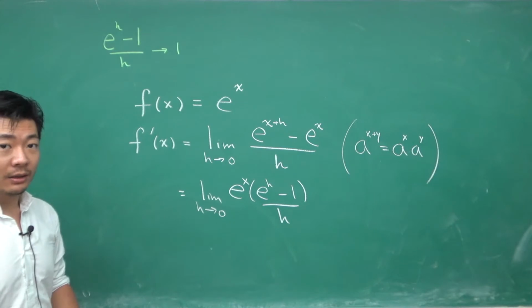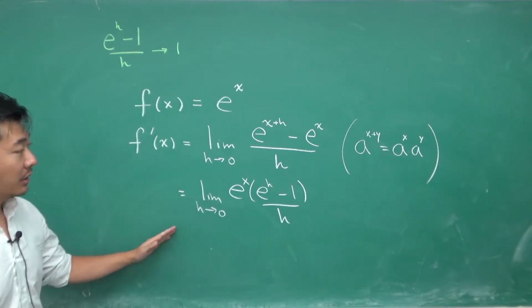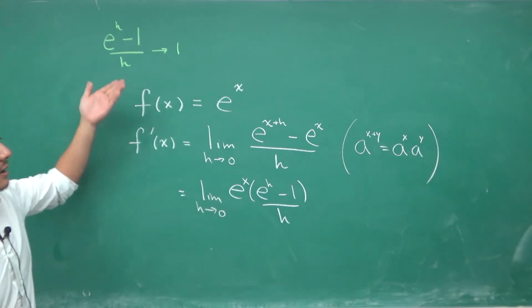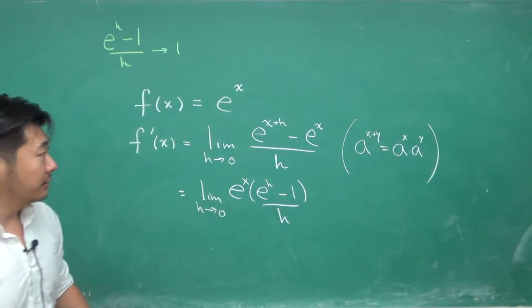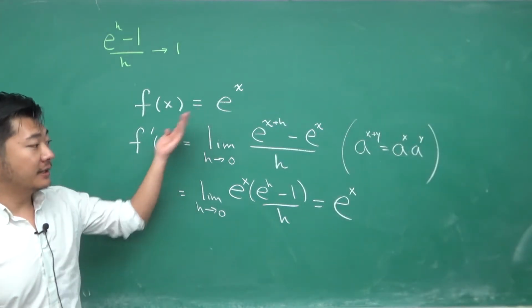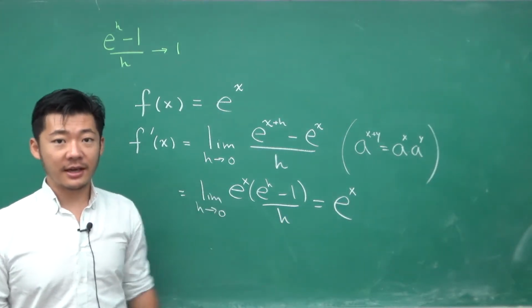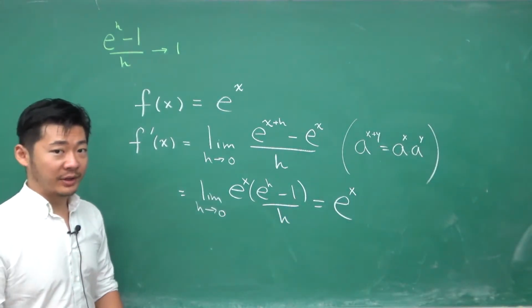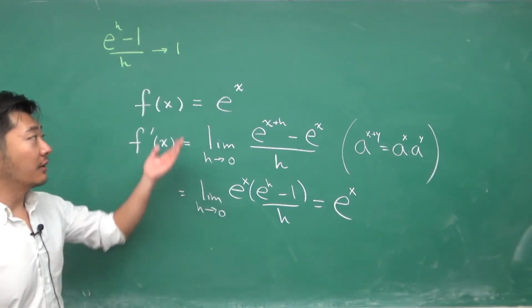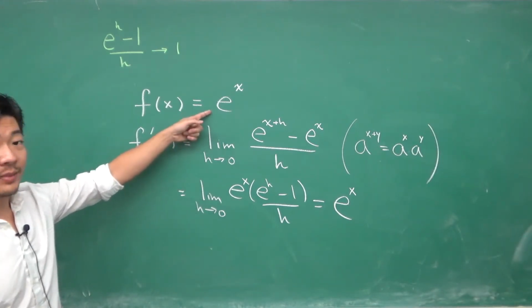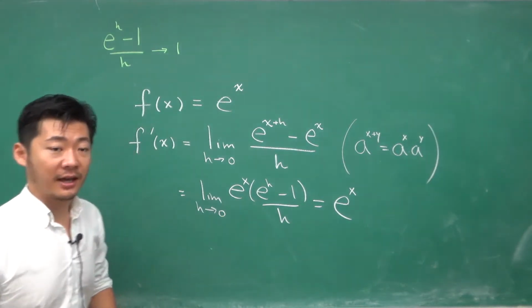The number e was defined to be the number such that basically this limit goes to 1 as h goes to 0, and so the derivative of e to the x is actually just e to the x. And e is the special number so that the derivative of the exponential function to this base is e to the x.